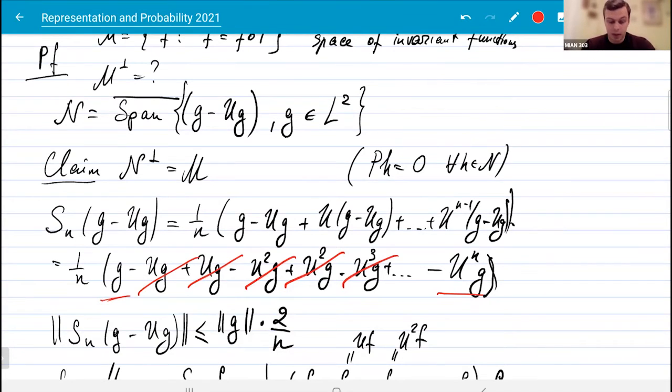Well, the answer here is in this closure. Because when we are in an infinite dimensional situation, it is not true that when you take the linear span of some elements, it is a closed subspace.